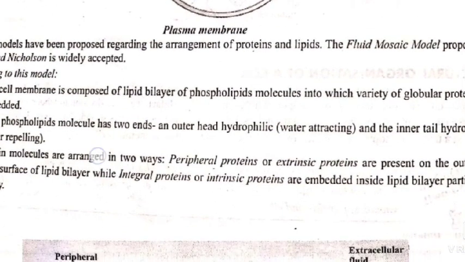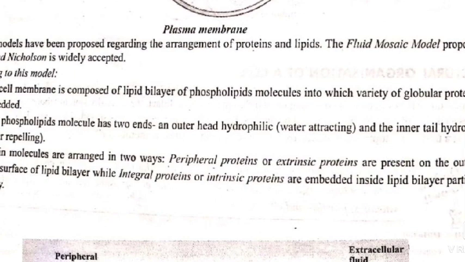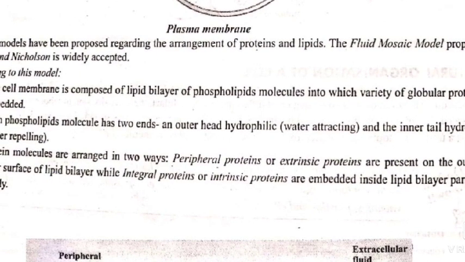Protein molecules are arranged in two ways. Peripheral proteins or extrinsic proteins are present on the outer and inner surface of the lipid bilayer, while integral proteins or intrinsic proteins are embedded inside the lipid bilayer partially or wholly.